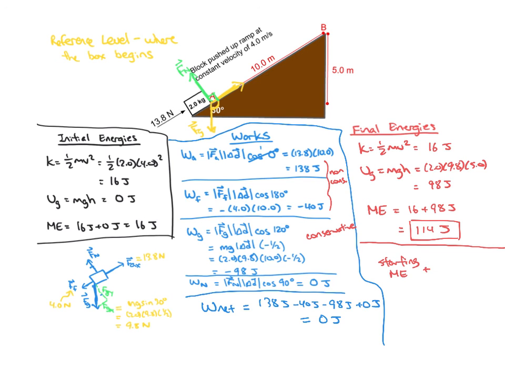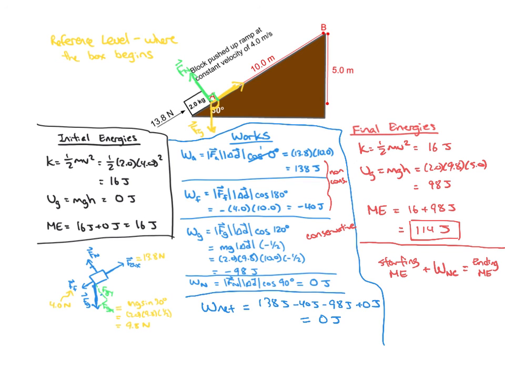I symbolize that with W subscript NC, the work done by non-conservative forces. And then we end up with the ending number of joules. So both energy and work are measured in joules.